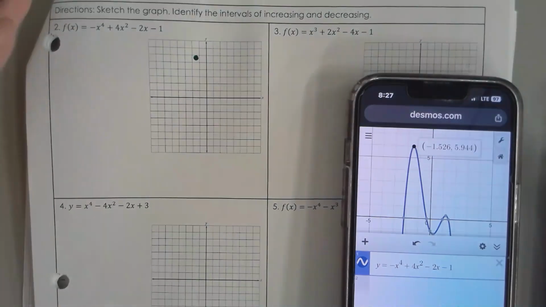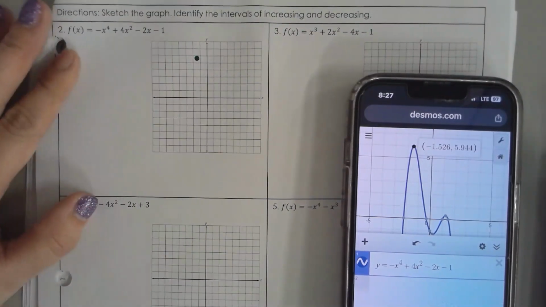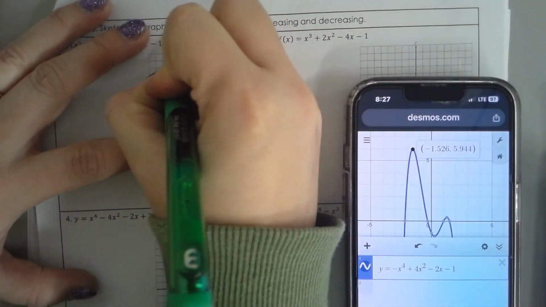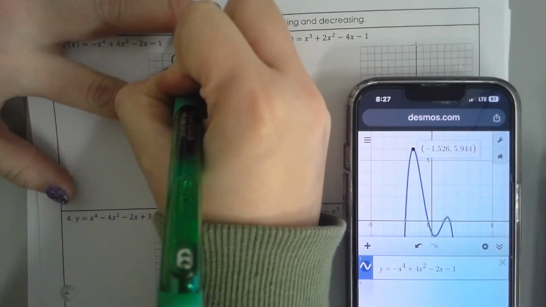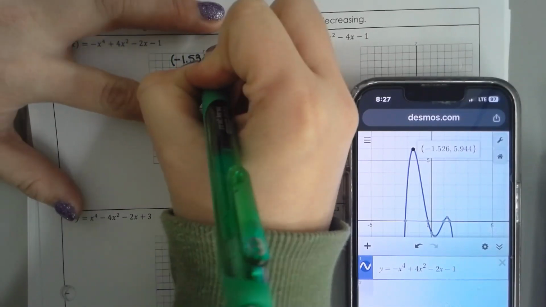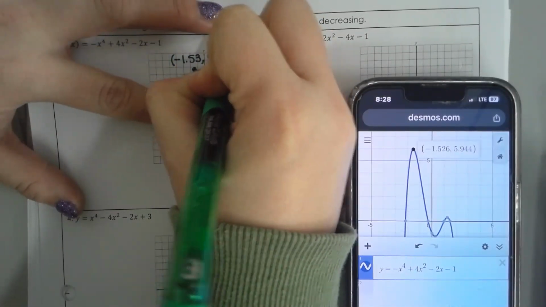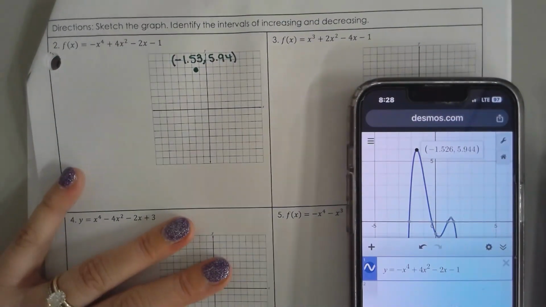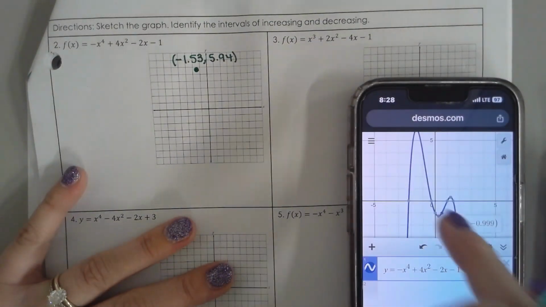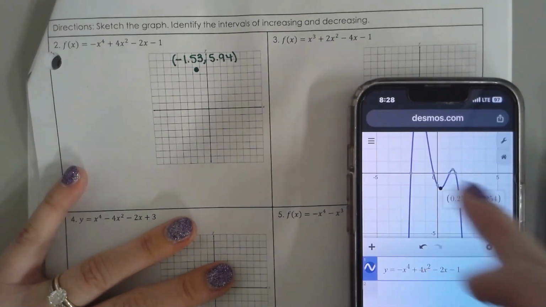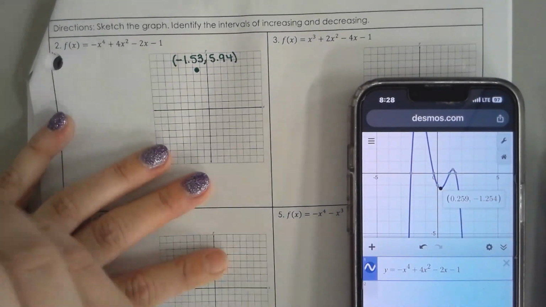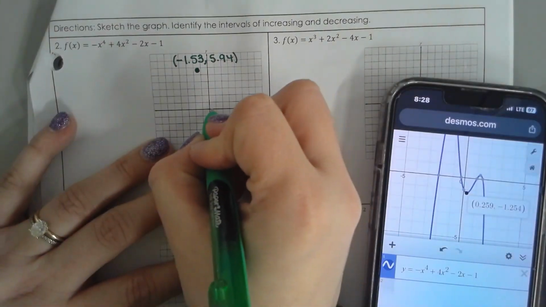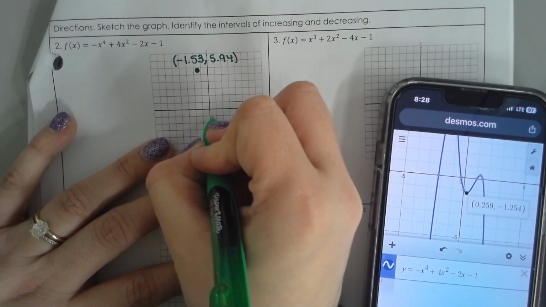You don't have to have your point perfect. So this is negative 1.53, 5.94, if you round correctly to 2 decimal places. And I click down here. I've got 0.26, negative 1.2.